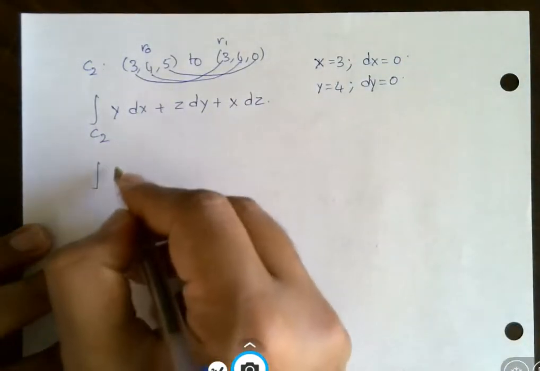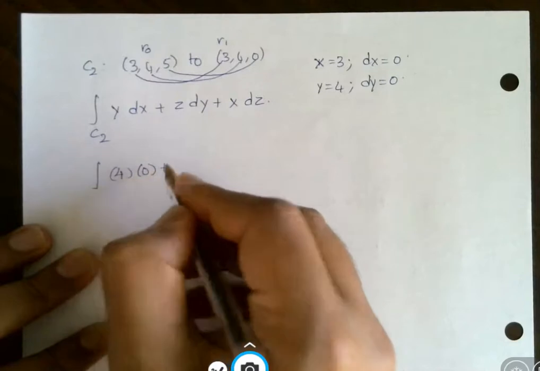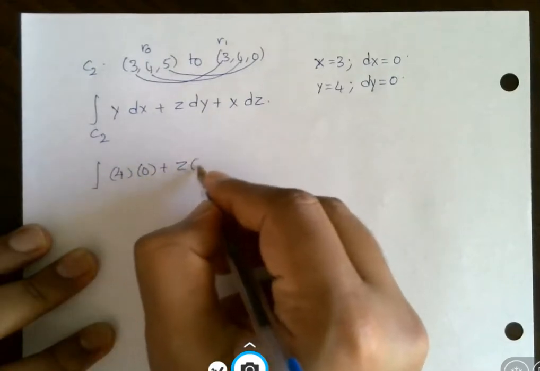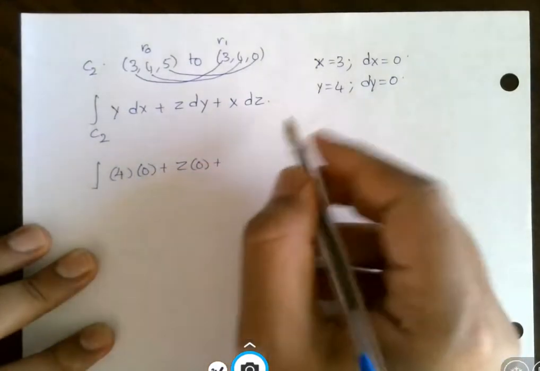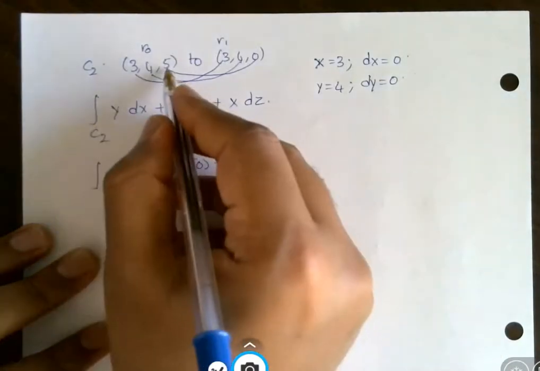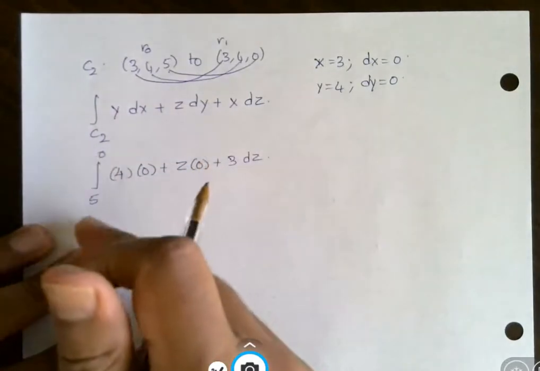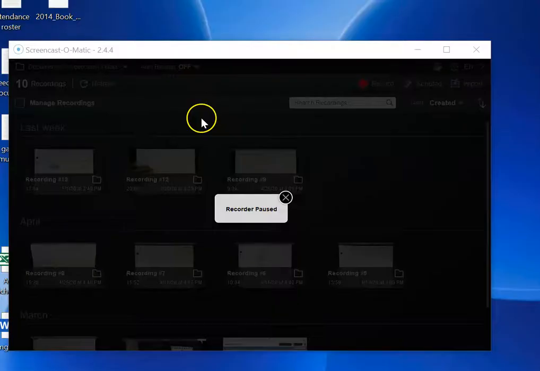So in this case it would be 4 times 0 plus z times 0 plus x, which is 3, times dz, where my z is varying from 5 to 0. So you see it's not from 0 to 5, it's 5 to 0.